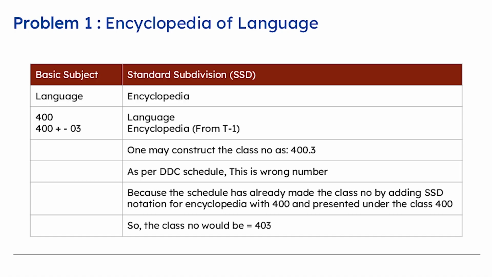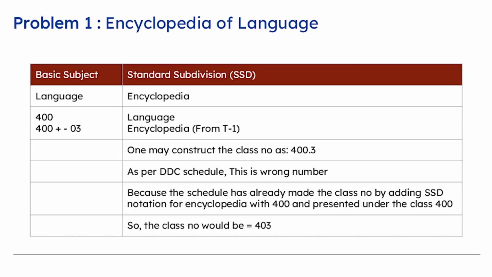That's why in case of DDC, under almost all the main class numbers, the table 1 notation, that is -01, -02, -03, -04, -05, -06, -07, -08, is added with the main class number.